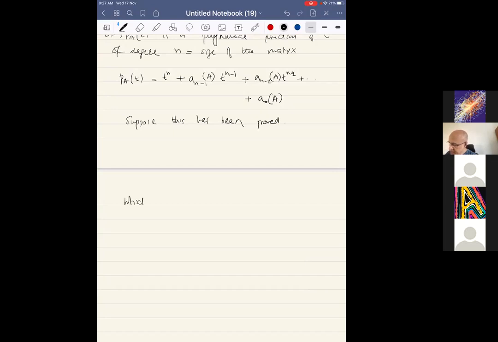What should a_0 be? So determinant of negative A? Yeah.